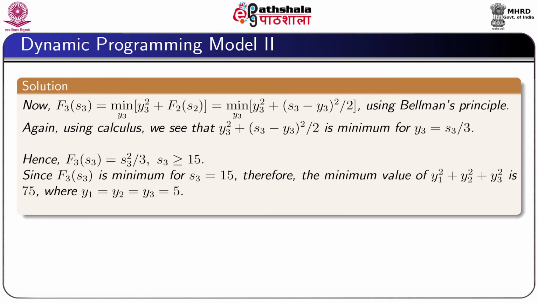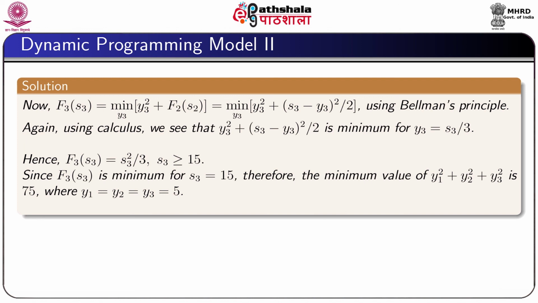Now, capital F3(S3) equals the minimum of Y3 square plus capital F2(S2), where the minimum is taken over Y3, which can be written as the minimum of Y3 square plus (S3 minus Y3) whole square by 2.